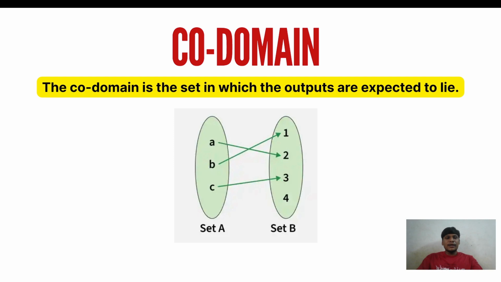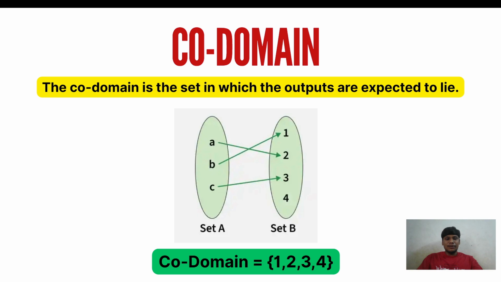And codomain, if 1 2 3 4 is the allocated set, the codomain is the set in which the outputs are expected to lie. So this is the set which can be the outputs. It could be the natural numbers; we can say that all natural numbers are the output set. So in this particular case, codomain is equal to {1, 2, 3, 4} because we have only these four numbers in the output.